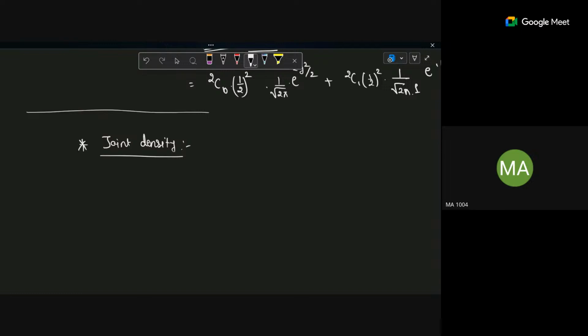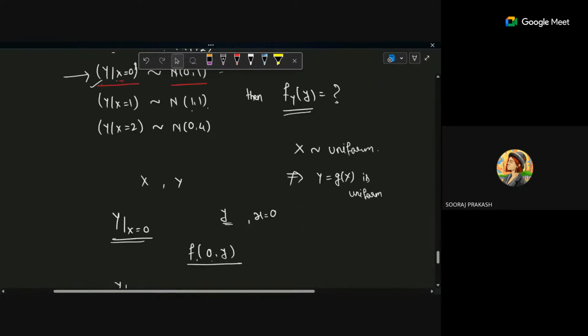Ma'am, how did the word density come after joint, like marginal density, joint density?